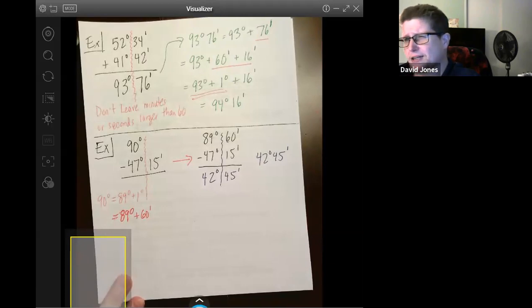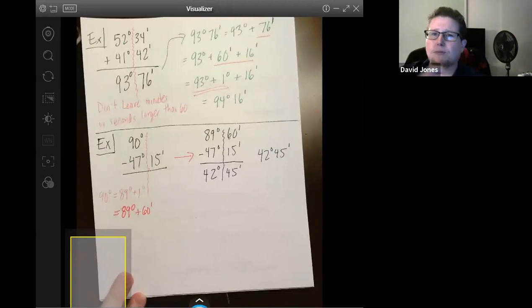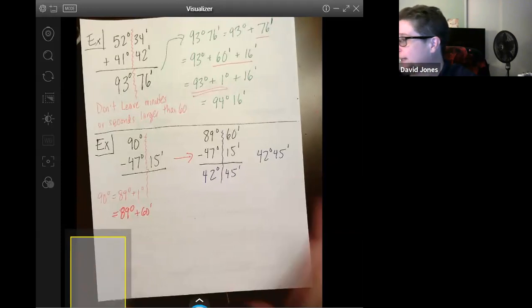Latitude only does 180. It's 90 degrees north and 90 degrees south. But around the globe, around the equator, goes 360 degrees. That's the longitude. And they use degrees and minutes there frequently.